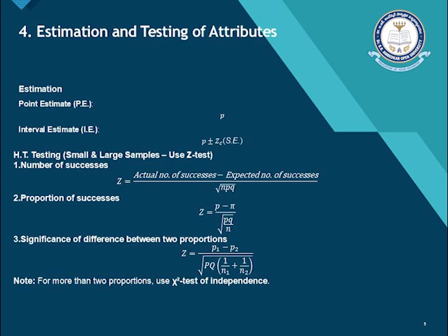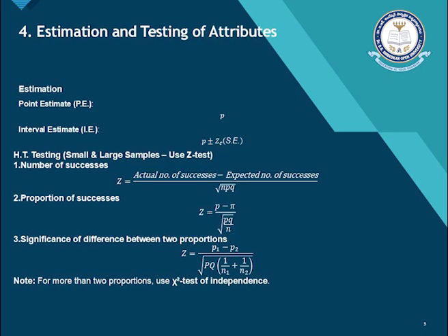In case of hypothesis testing, small or large, whatever the sample size, in case of attributes, use only Z test. Now, here we have three types of problems. One, number of successes, where we take actual numbers.